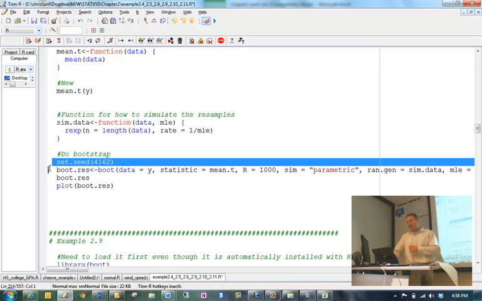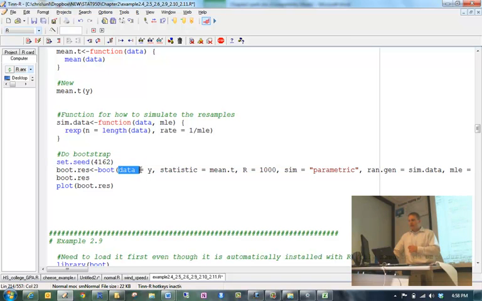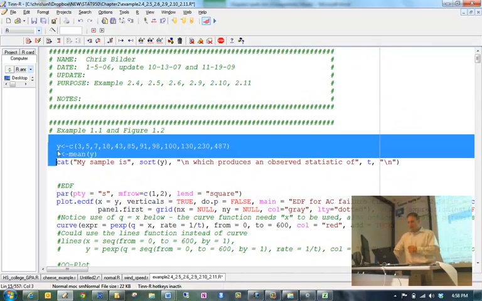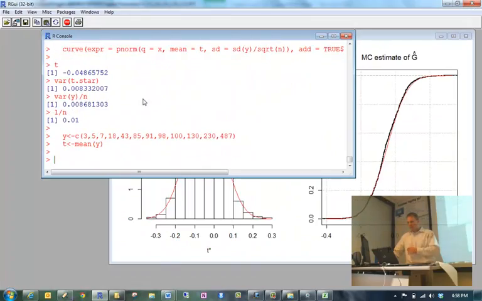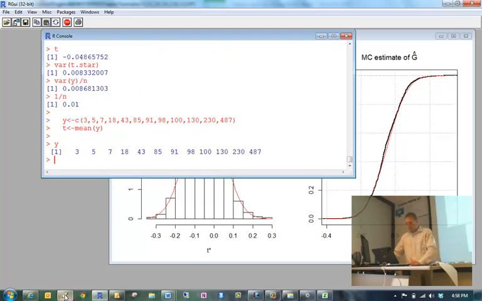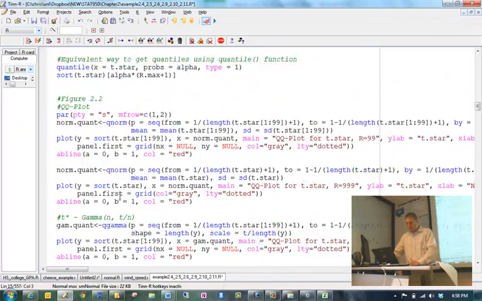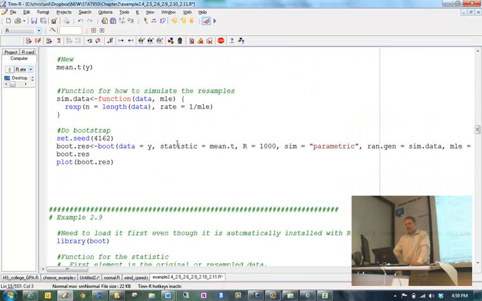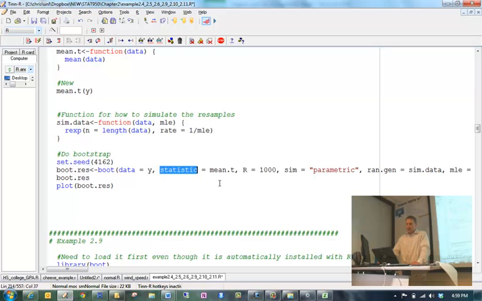So first thing I'm going to do is set a seed. The reason being is I want to be able to reproduce my results later. Say boot. My data is in y. Let me make sure I get my data in y here. So, there's y. Next is my statistic of interest. This is what I want to calculate every single time. I have written a function called mean.t.